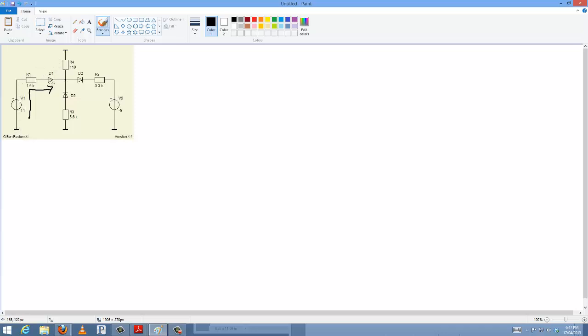And it's following the same route as D1 is pointing, so D1 is on. D2, V2 is negative, so it's doing the opposite thing, going from R4, D2, R2, V2. It's going the same way as D2, and D2 is also on. Okay. Excellent.